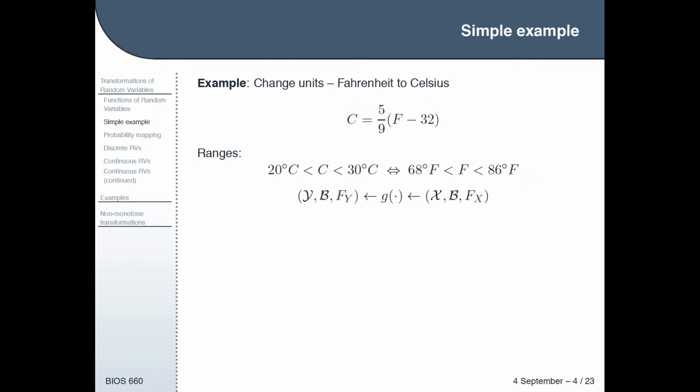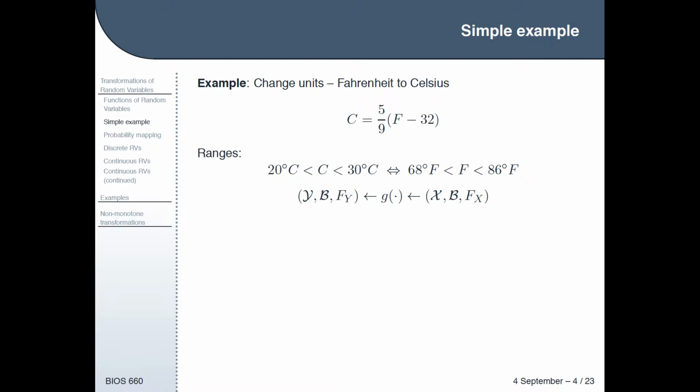So, simple example of this. Say we're changing units from Fahrenheit to Celsius. Presumably, you've all seen this formula before: if you want to convert Fahrenheit to Celsius, you take the temperature in Fahrenheit, subtract 32, and multiply it by 5/9.